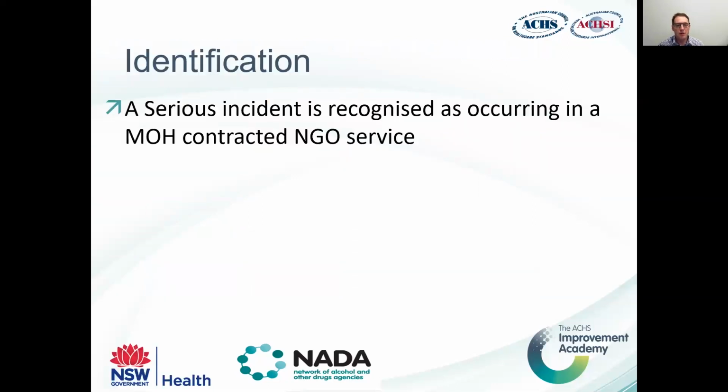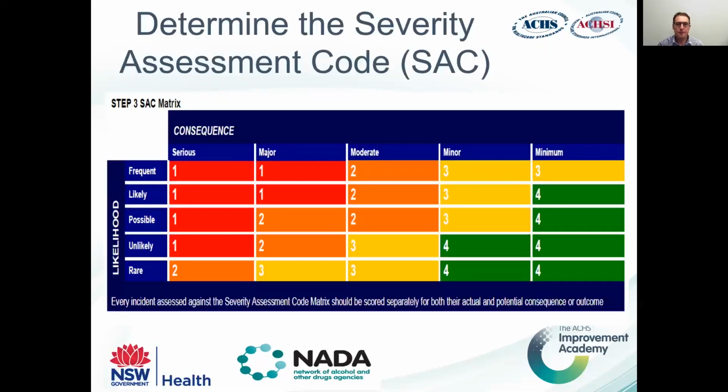So firstly, we have an incident that occurs within an NGO, and an NGO recognises that it's a serious incident. So how do they do that? How do we determine that it is a serious incident? We do this using the Severity Assessment Code.